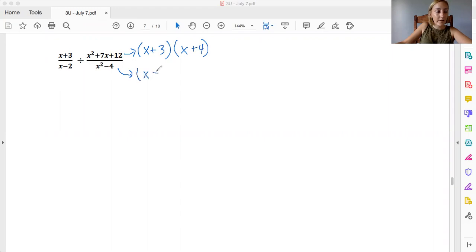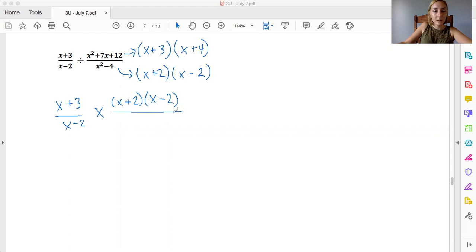So we have x plus 2, x minus 2. So we rewrite it like this, put a multiplication there. Our denominator becomes a numerator. We flip it, and that becomes the denominator.